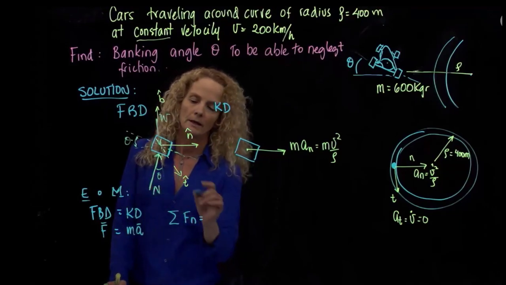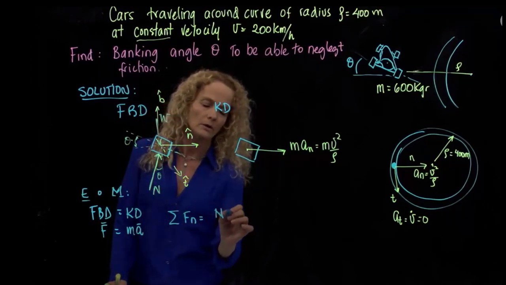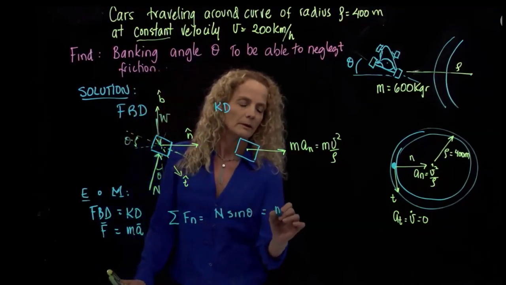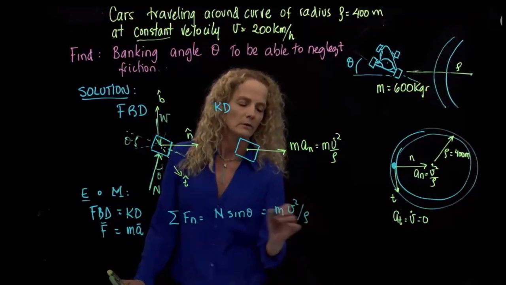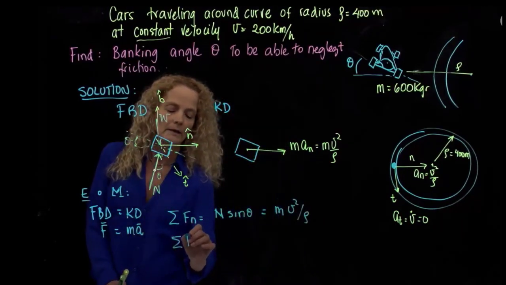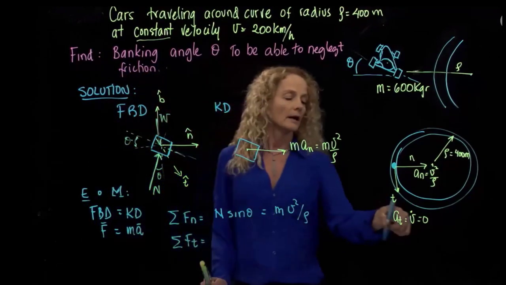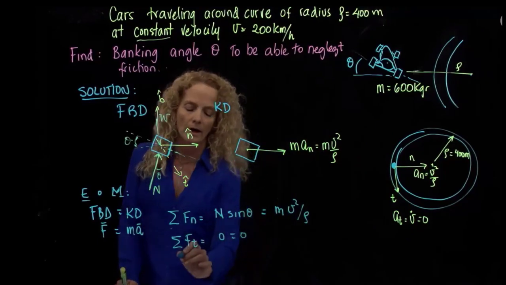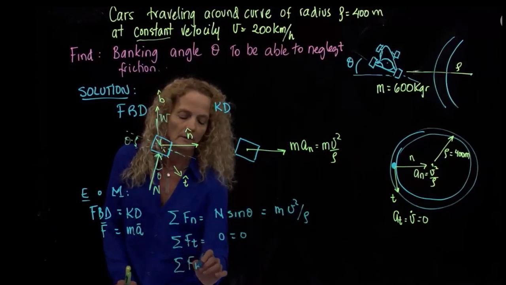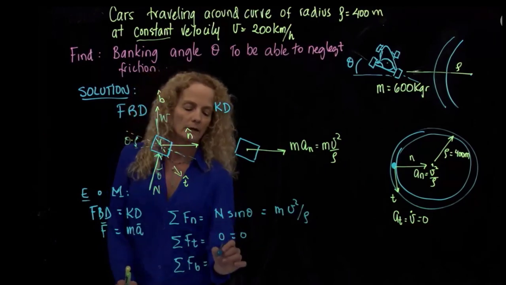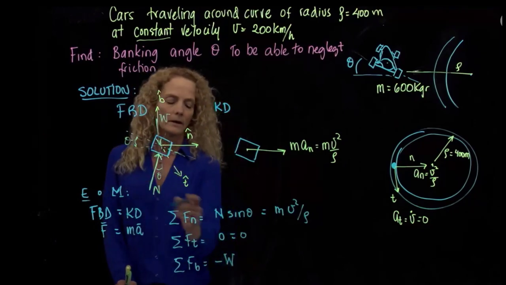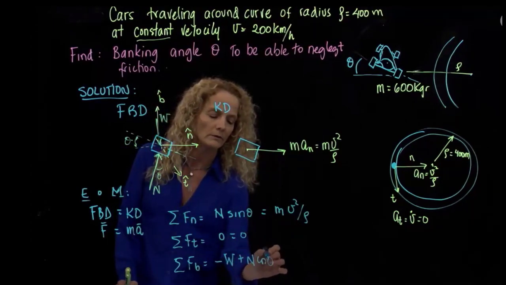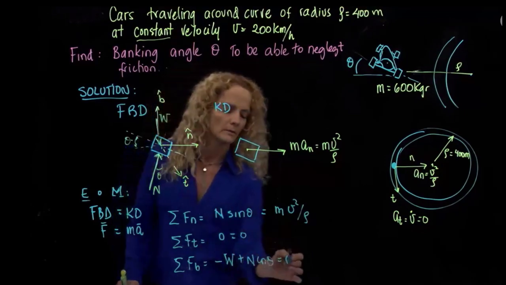So it will be normal force times sine of theta, and I don't have any other force, equal to my mass times velocity squared over radius of curvature. In the tangent direction, as you see, I have 0 here and I don't have any force, so it's 0 equals 0, but I just write it to have it. And in my vertical direction, I have negative weight and positive normal force times cosine of theta equals 0.